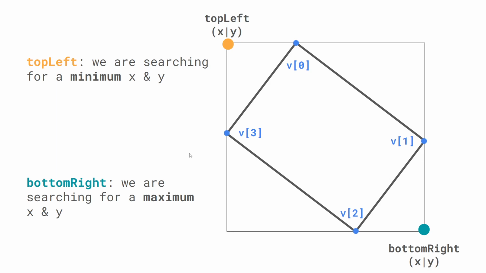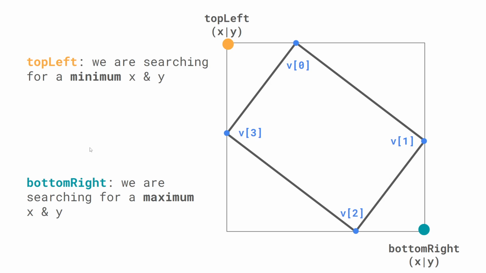The x value in our case on the right is larger than on the left side. Sometimes the coordinate system is flipped with the y value. Okay, then for the bottom right part, you need to search for the minimum values, and for the top left, you need to search for the maximum values. But usually, I think so at least, the coordinate system should be like in our case.